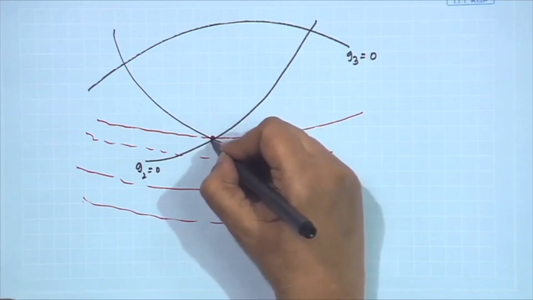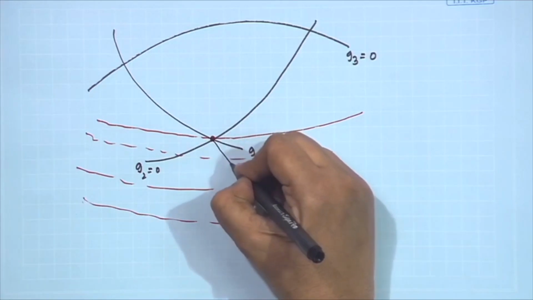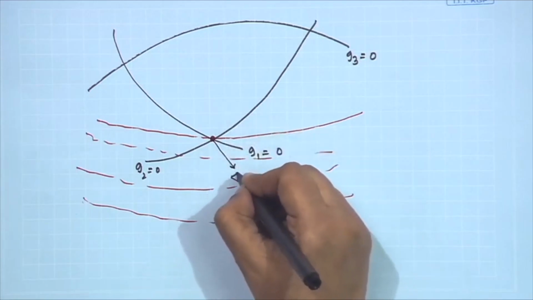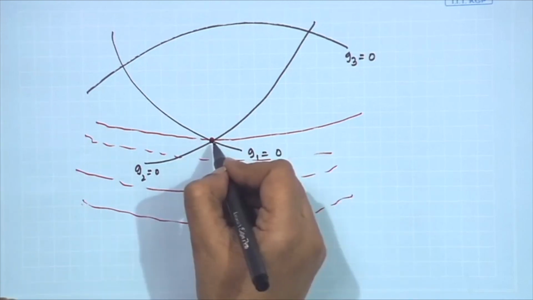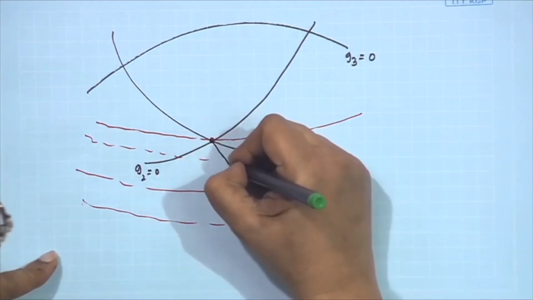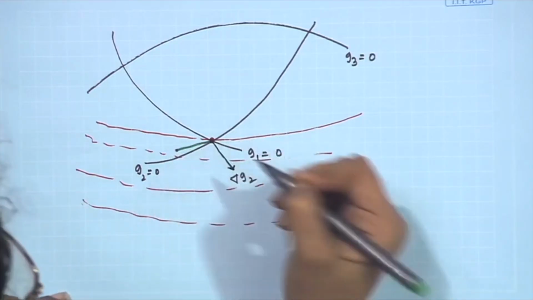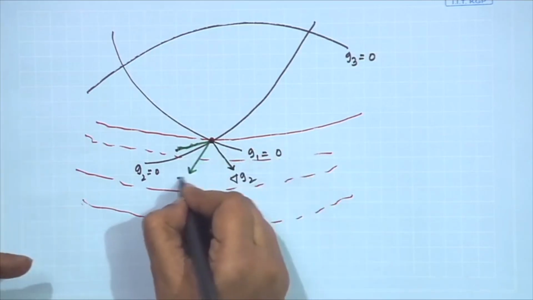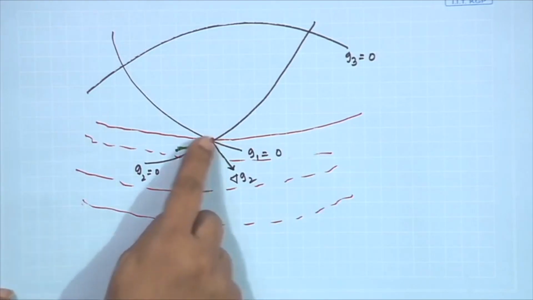Now, at this point you see this direction is the grad of G2 direction. Let me draw the directions with different colors, then it will be understandable. And this direction must be grad of G1, that is the normal.